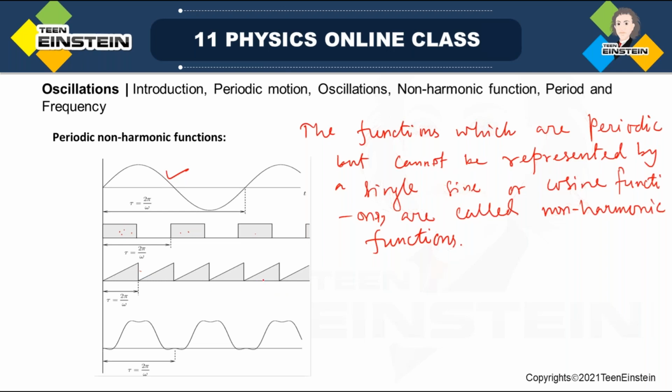Similarly, this is called sawtooth wave function, and this is another periodic function, but it is not harmonic because these are not represented by single sine or cosine functions.